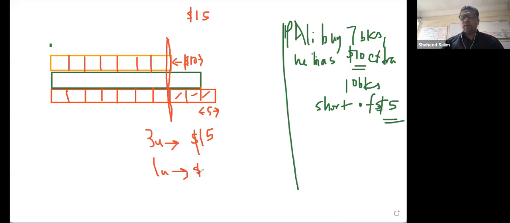That means 1 book is $5. 5, 10, 15, 20, 25, 30, 35. $35 for 7 books. Plus the $10 is 45. So he has $45. If you want to buy 10 books, he needs $50. So 1 book is $5. 10 books is 50. He'll be short of $5.